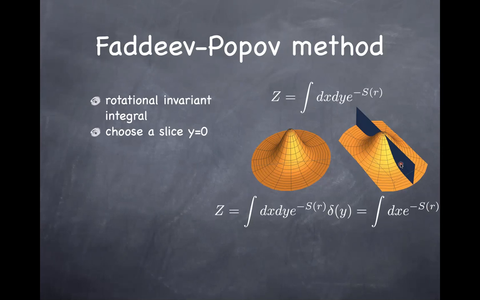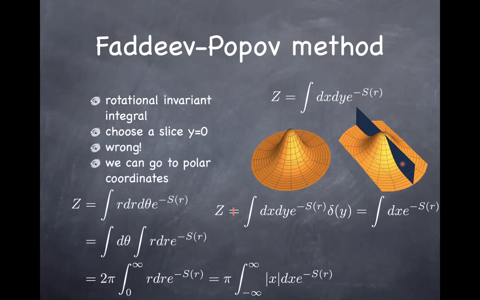But it's actually wrong. And you know that because what you can do is to first switch to polar coordinates. And then this dx dy turns into dr d theta. And nothing in the integrand depends on theta. So the d theta integral can be performed right away. And it's just a constant 2 pi.